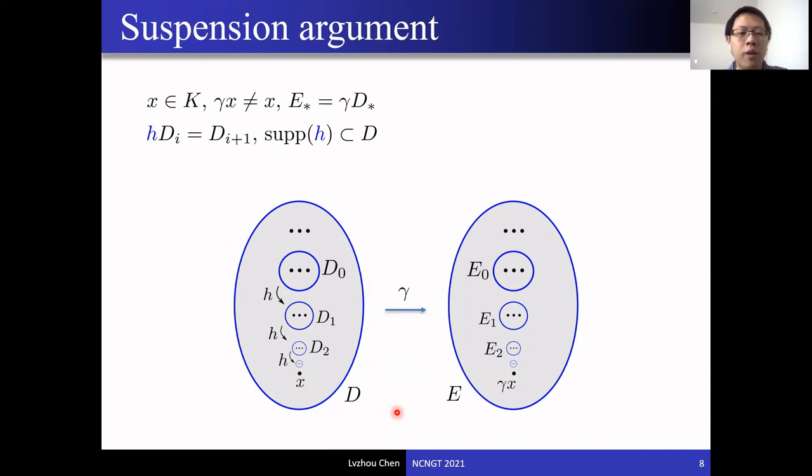And one nice thing about dividing disks is that they are all the same up to homeomorphism. So we can picture the Cantor set in the dividing disk in whatever way we like.